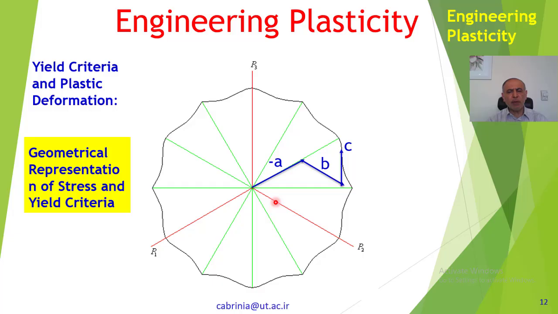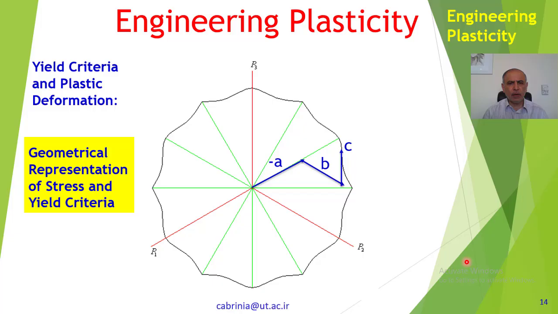Now, if you remember, we had three conditions for a material to yield. One was that the hydrostatic stress doesn't have any effect, which, because we have drawn this surface perpendicular to the hydrostatic stress, therefore it has no effect. The other condition was that the material properties do not depend on the directions.